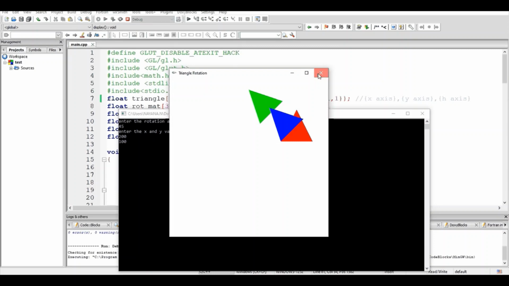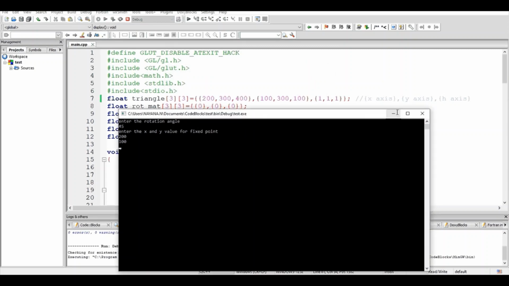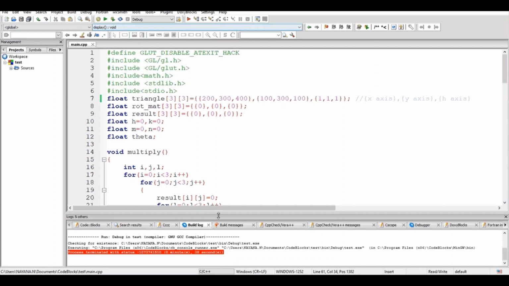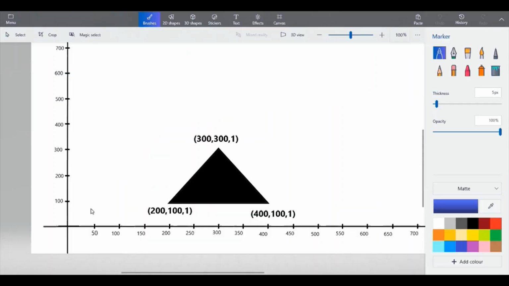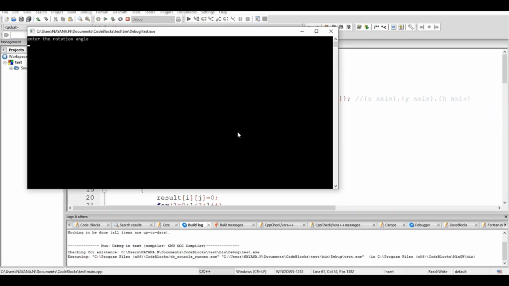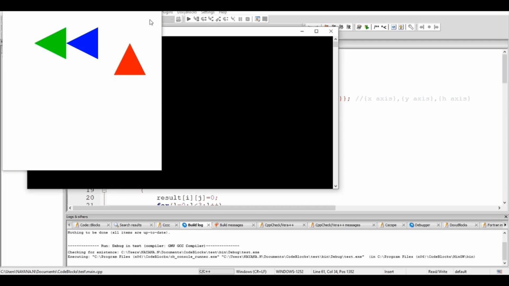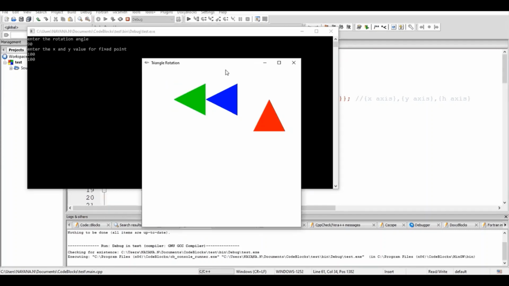Now we'll try and give some other fixed point. Say I'll give 100 100. I'll give 90 degrees, and at 100 100. See, this has rotated around the point 100 100, somewhere here.